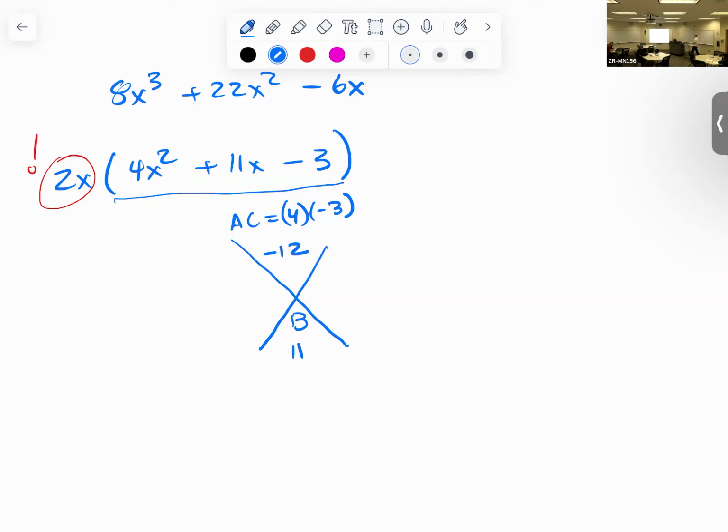Josiah, what are the factors? What multiplies to -12 and sums to 11? I need 2 factors. If we get stumped, list them all out.